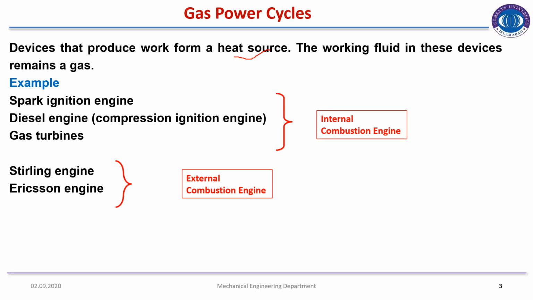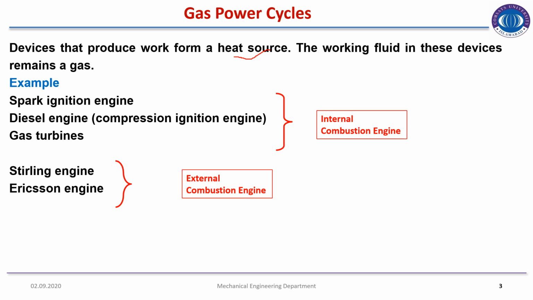Internal combustion engines are those in which the combustion happens within the engine itself. In an external combustion engine the combustion happens outside, and the piston-cylinder mechanical work happens in some other place. Basically both of these convert thermal energy into displacement or mechanical work.